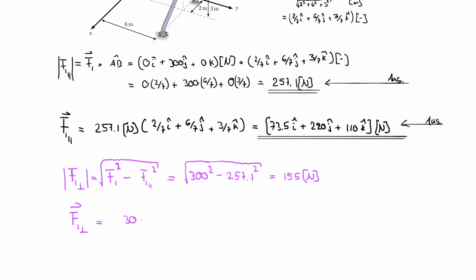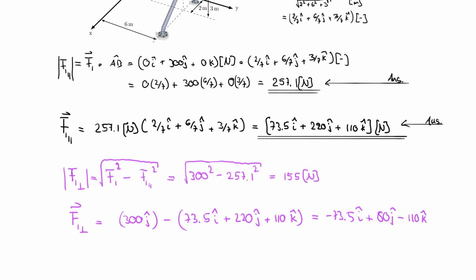So remember, you have 300 j hat, and then you subtract the 73.5 i hat plus 220 j hat plus 110 k hat, and then you will find that you actually end up with minus 73.5 i hat plus 80 j hat and minus, be careful, right, minus 110 k hat. And that again is also in Newton.